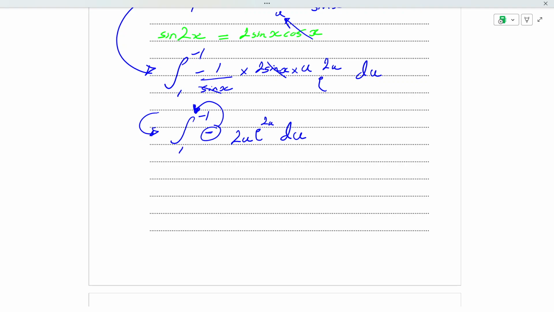That's flipping the limits. So the lower limit becomes the upper, and the upper limit becomes the lower limit. We're just multiplying negative in the limits, or simply flipping them. And then now you have 2u e to the 2u du, like that.